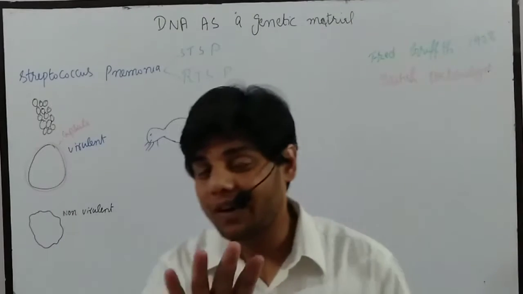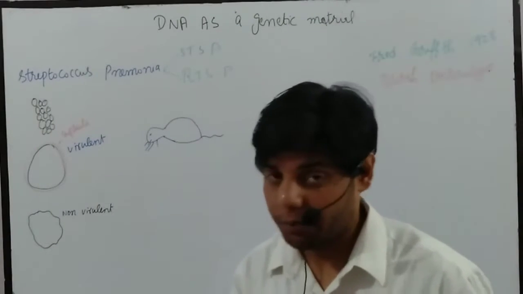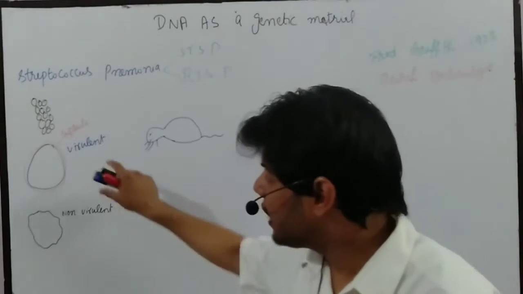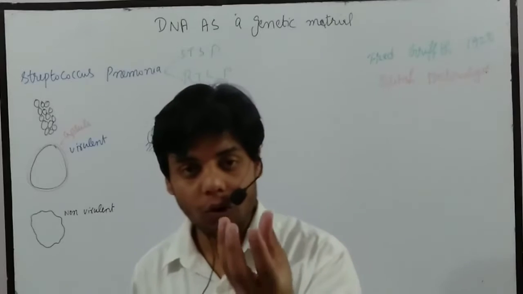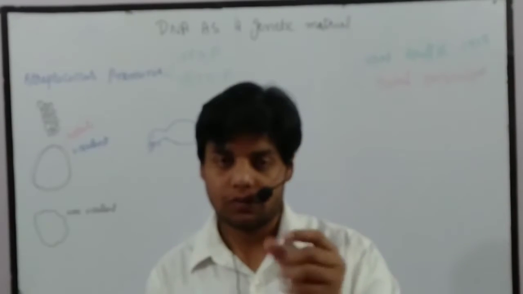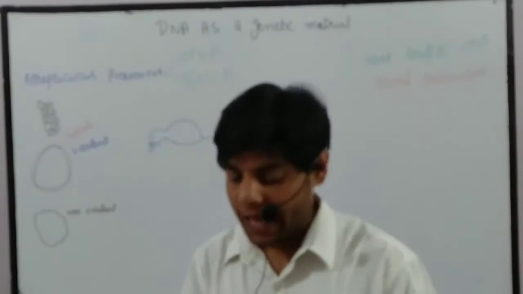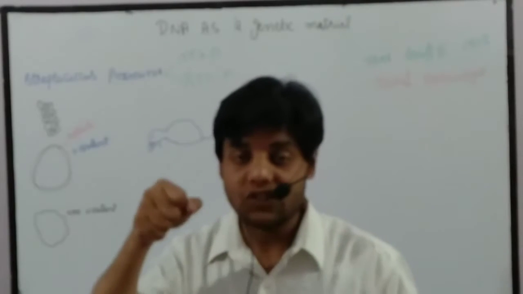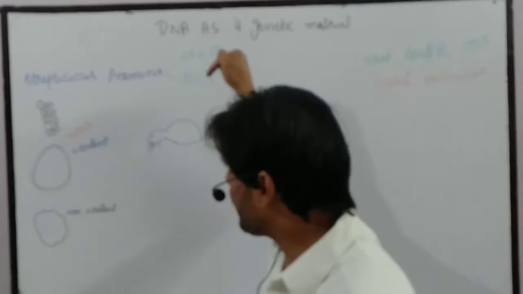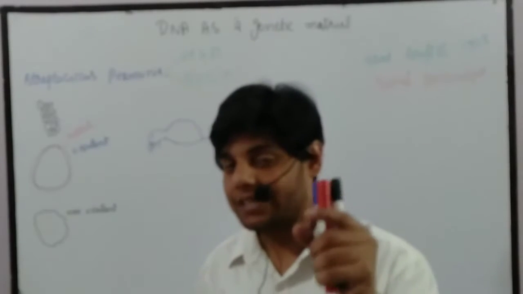Now, what did he actually perform in the first step? In the first step, he used the S-type bacteria. The S-type bacteria was present in a solution, and they took this solution in an injection and injected this S-type bacteria solution into the mouse.